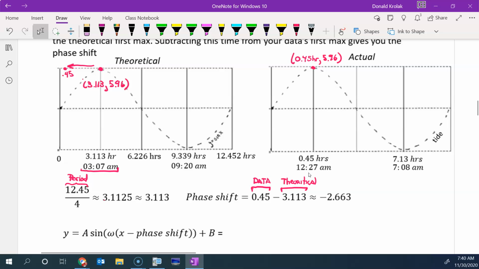Based on the theory, it should be around 3 in the morning, but it's not. So we want to shift this to this point. And the way we got to shift it is we're going to slide it 0.263 units left.